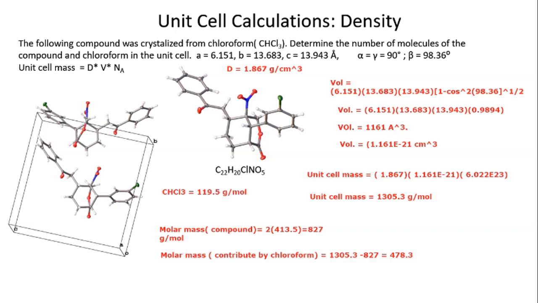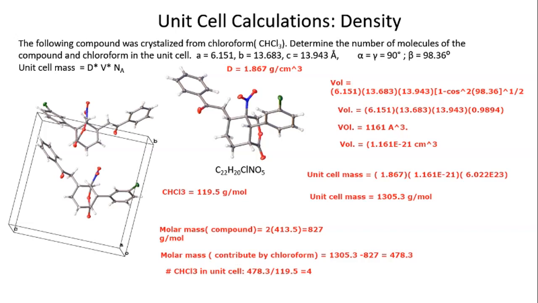So if we want to know the number of molecules of chloroform in the unit cell, we just take 478.3 divided by 119.5. And we get 4 molecules of CHCl3 in the unit cell.